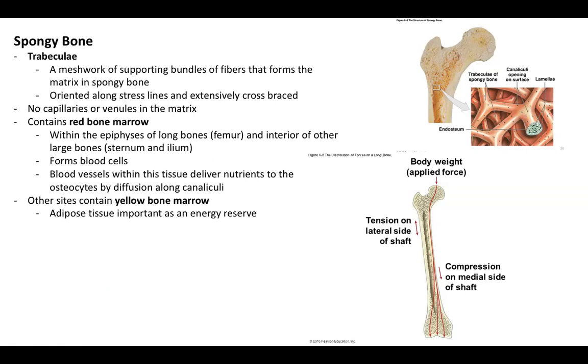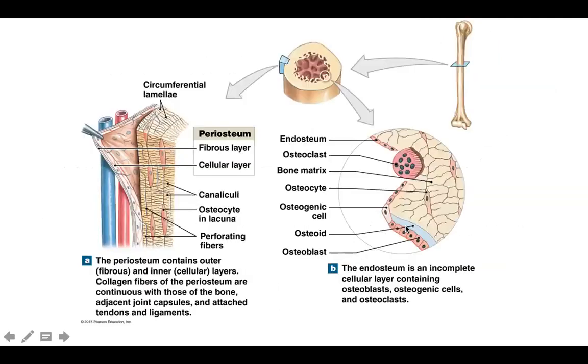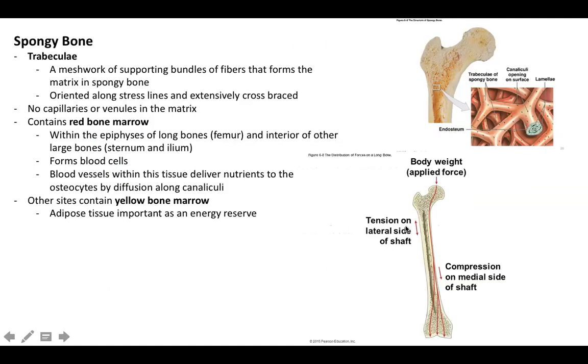So in the shaft, we have the tension up and down the shaft on the lateral side. But along the head and neck, the stress comes in at a different angle. So we have to have this cross-bridging in the trabecular bone with the trabeculae. There's no capillaries in here.